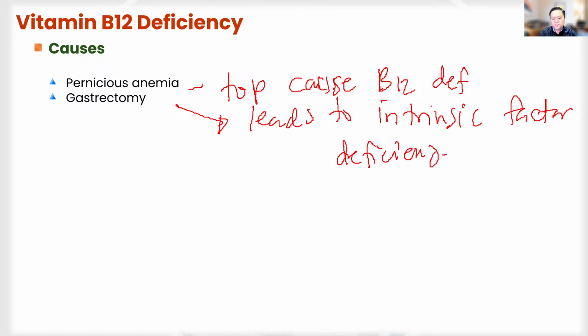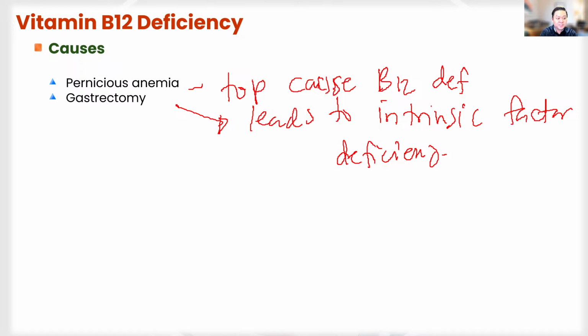And also, when people are, let's say, strictly vegetarian, they can also suffer from vitamin B12 deficiency, especially those excluding the animal-derived foods. And so they're going to be expected to have the vitamin B12 deficiency as well.